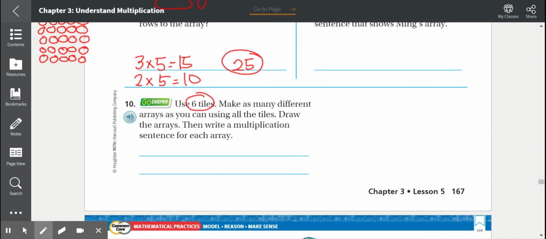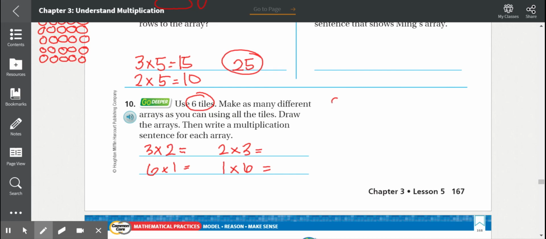The first one, I want you to make the array 3 times 2 and 2 times 3 and then 6 times 1 and 1 times 6. So I want you to draw all those arrays over here and then see what answer you get. You should get 6 for each one.